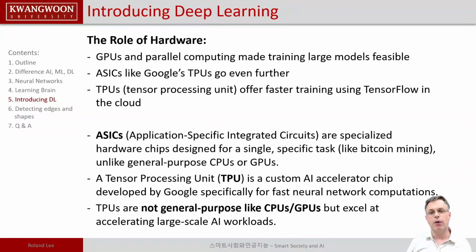GPUs aren't the only option for building effective deep learning solutions. Promptly, special application specific integrated circuits, so ASICs, you see here, specialized hardware chips designed for a single specific task like Bitcoin mining, unlike general purpose like CPU and GPU, have made appearance, and the designers have demonstrated that those circuits perform even better than GPUs.